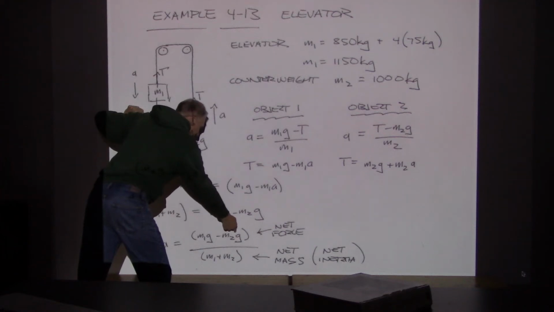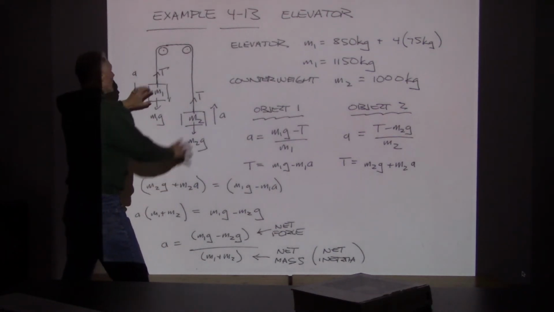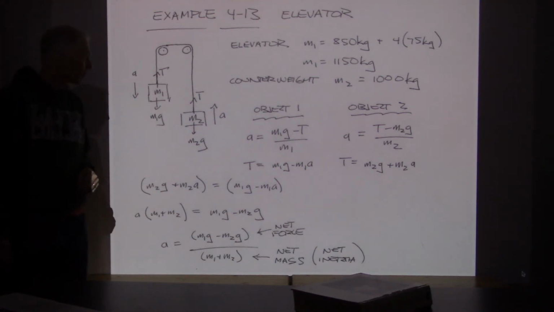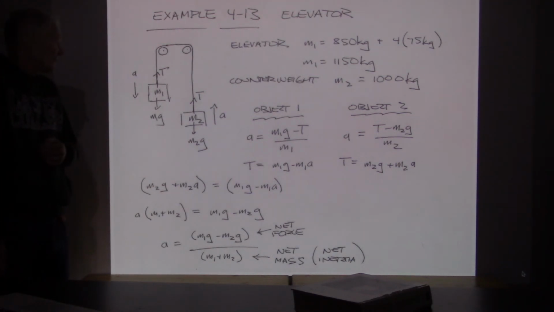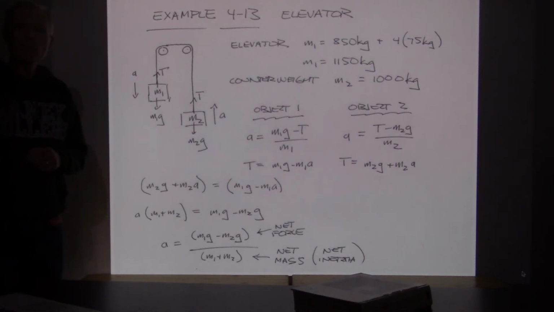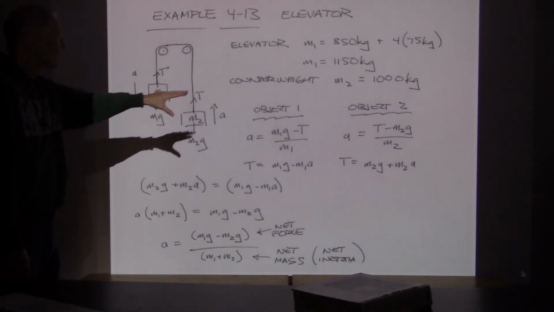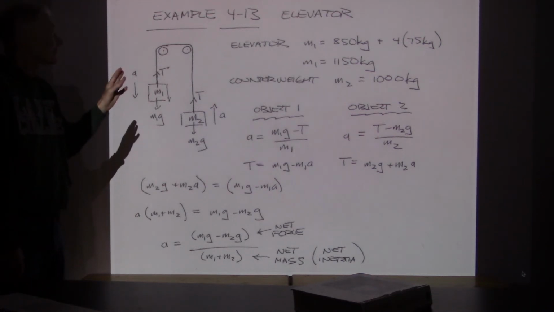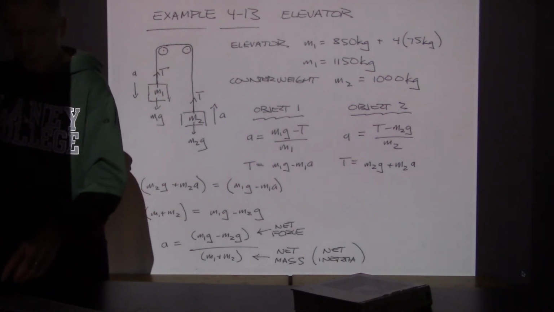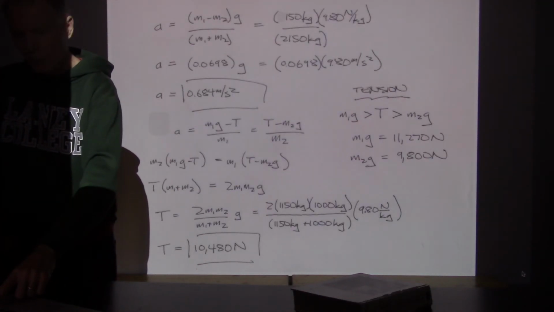The net force is m1g minus m2g, and the inertia in these two objects is m1 plus m2. So I could have treated it as one object and just written down that formula. It's good to see how all the individual steps work. It's another good example, and I think the slides here have a lot of really good examples.